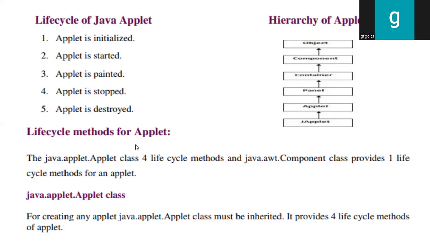For the life cycle methods of the applet, we have to import the packages, the java.applet class and the Java AWT component class, which provide the life cycle methods for the applet. The Java Applet class gives the four methods init, start, stop, and destroy. Initialization, start, stop, and destroy are methods of the Applet class, and paint is a method of the AWT class.